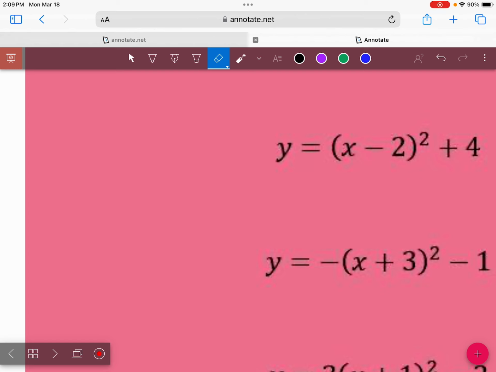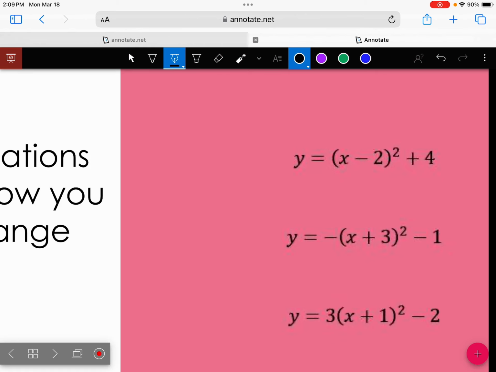All right, let's talk through these just a little bit. If we think about the first one, what do we know about an equation like this? The first one, y equals (x minus 2) squared plus 4.